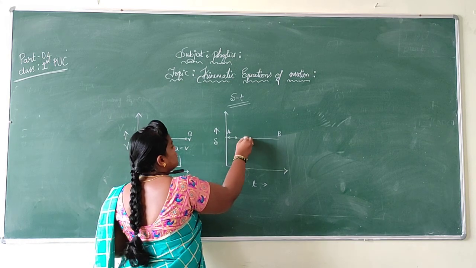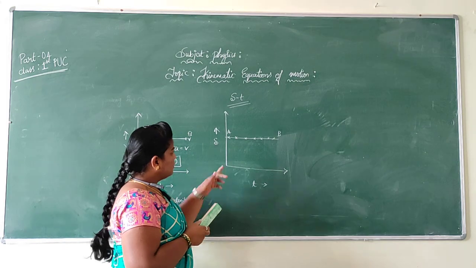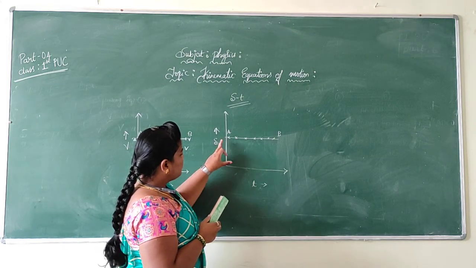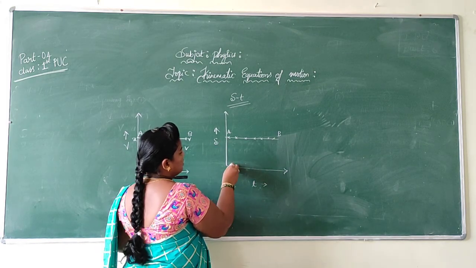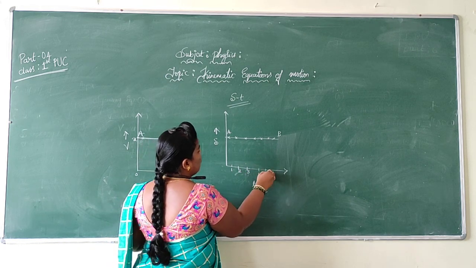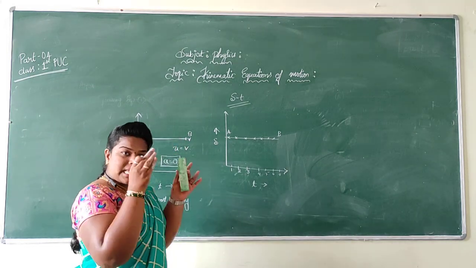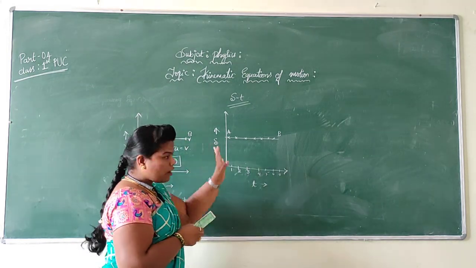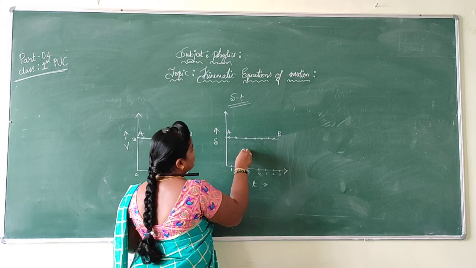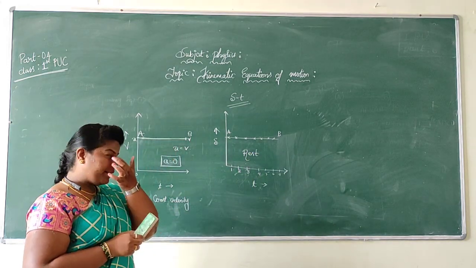The position is the same at all the points. It means the object is not moving. See here, the position is 2 meters when the time is 1 second, and at 2 seconds, 3, 4, 5, 6, 7 seconds, at all times the object is in exactly the same position. It is not moving. This shows that the object is at rest.